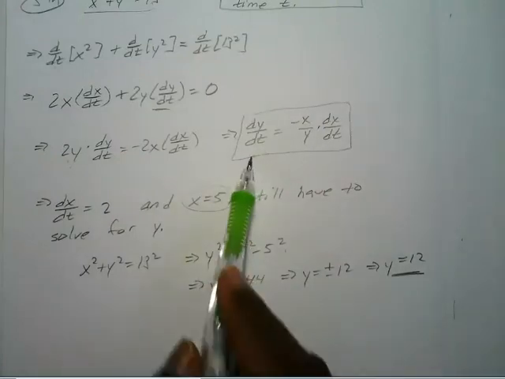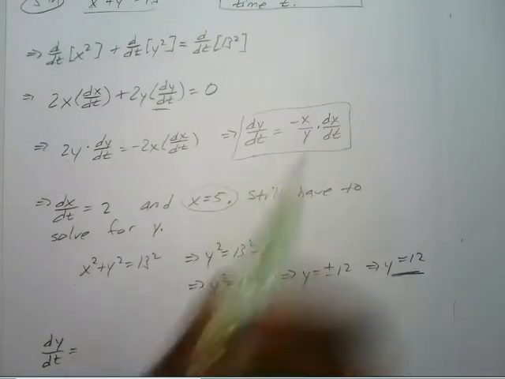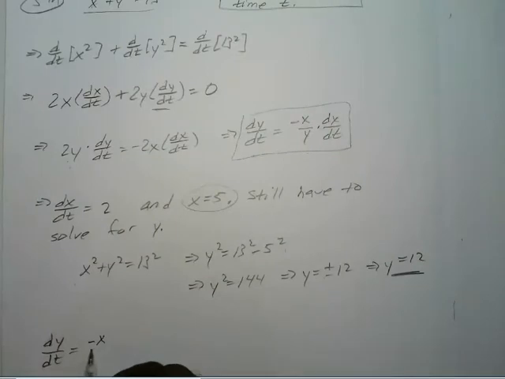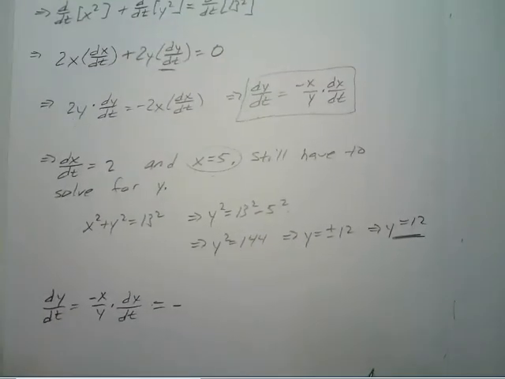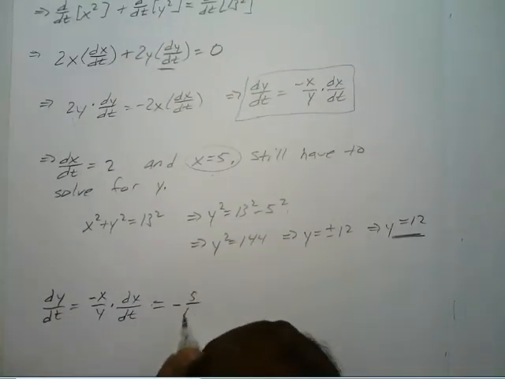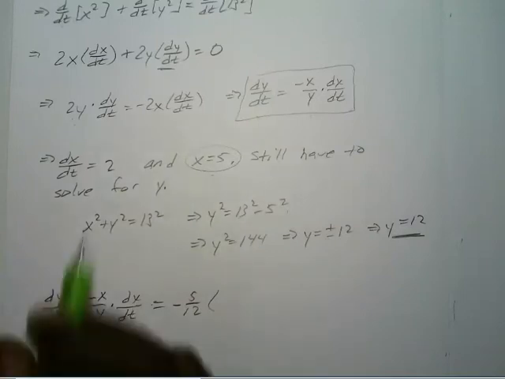So, going back to our formula, the derivative of y with respect to t, remember that's negative x over y times dx/dt. That's going to equal negative x, which is 5, over y, which is 12, so negative 5 over 12, times our rate of change of x with respect to t, which is 2.